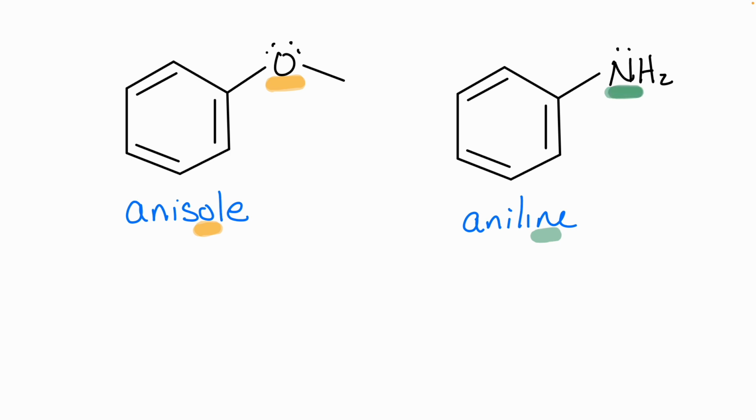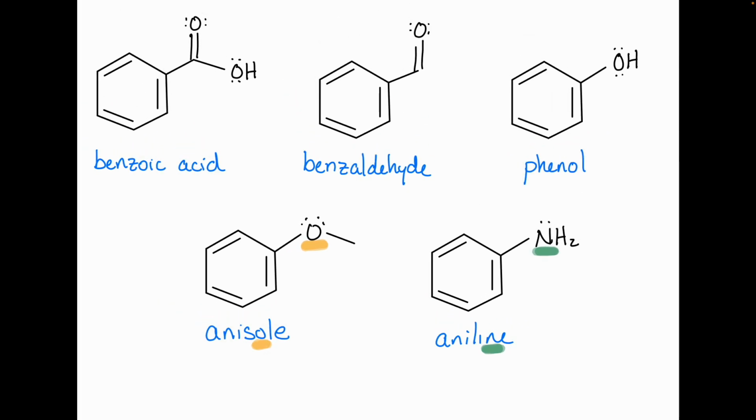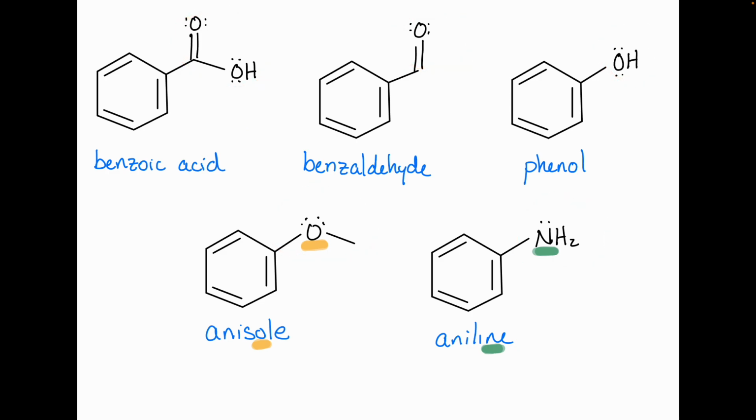Aniline, with that amine functional group and its nitrogen, has that N in the name. That's how we can distinguish between those 2. Again, if we see one of these special functional groups on our benzene ring, it no longer has the parent chain benzene; it has the parent chain corresponding to the name of that derivative. All right, so let's do some examples here.